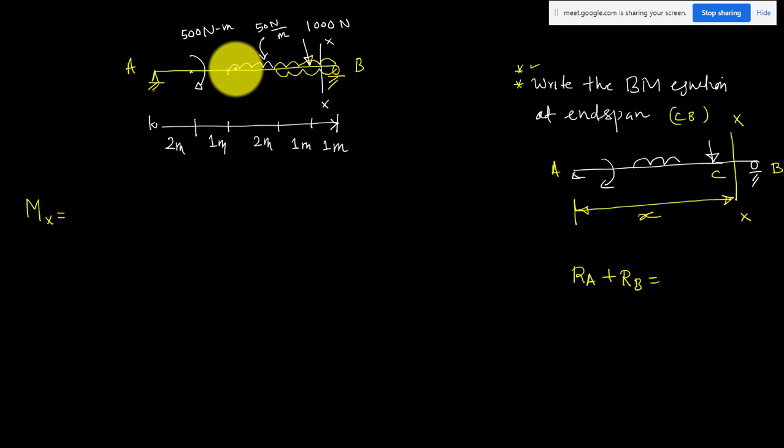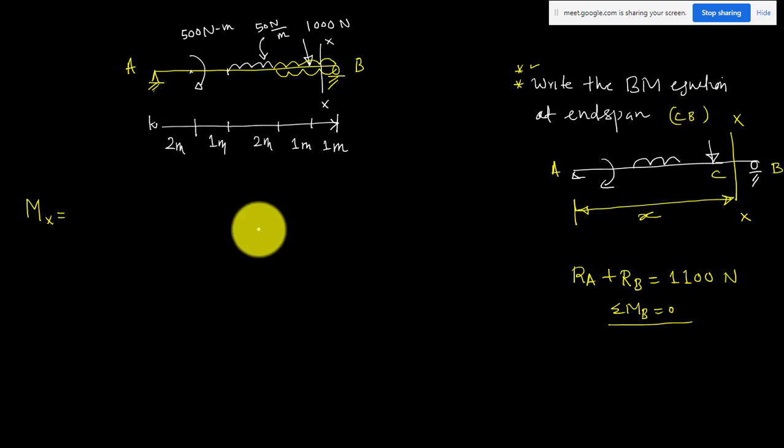This 50 is for a 2 meter length, so the total UDL load is 50 into 2, 100, and 1000 is the concentrated vertical load. So your total reaction Ra plus Rb is equal to 1100 Newton. Now we can find the value of Ra by taking the moment about B equal to 0.